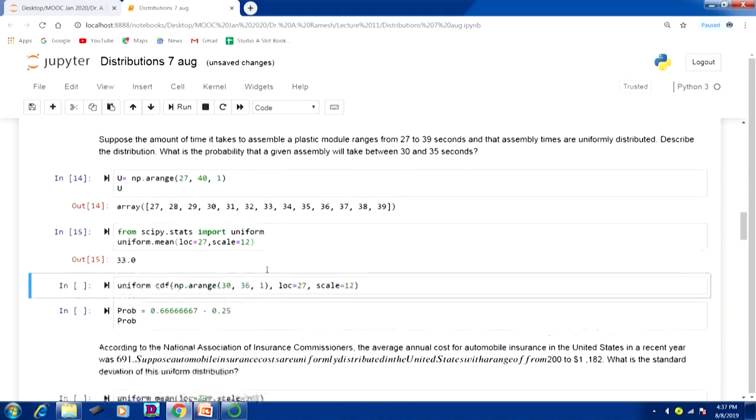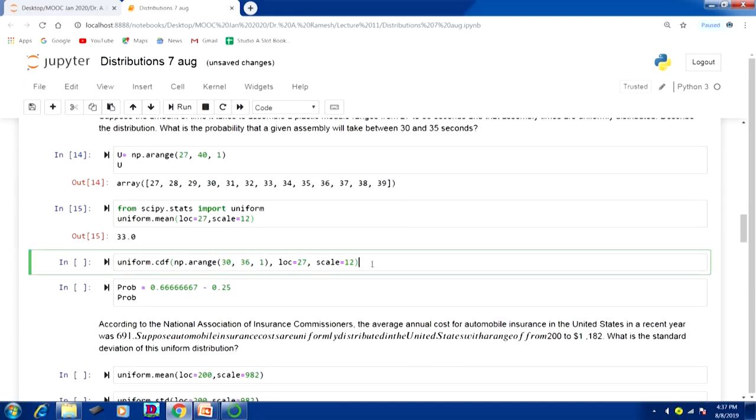Okay. Then we will do the cumulative distribution function, CDF. So, uniform.cdf of np.arange 30, because what the question asked is 30 to 35. So, np.array from 30, and because it is 35, we have to go up to 36, the increment is 1, loc is 27, the scale is 12.